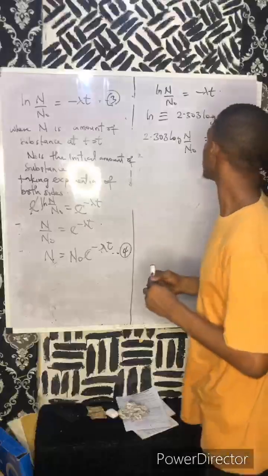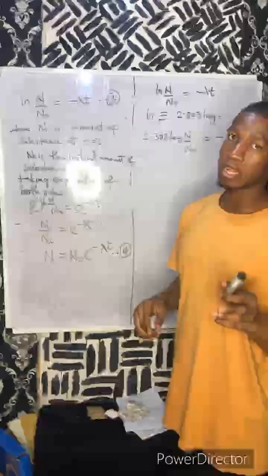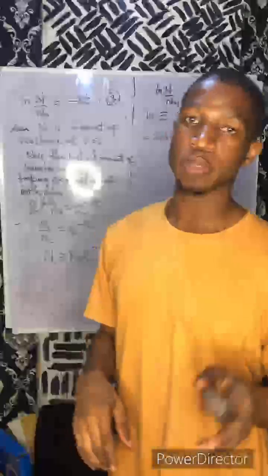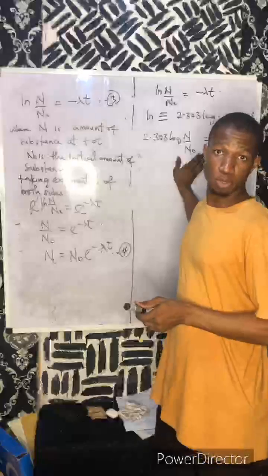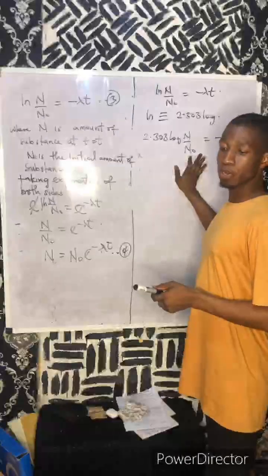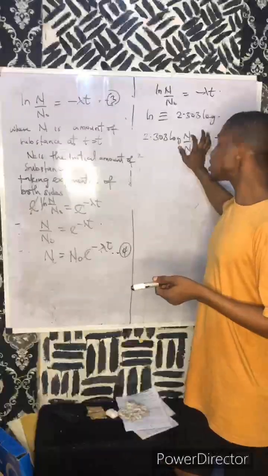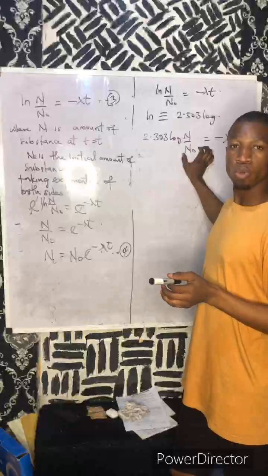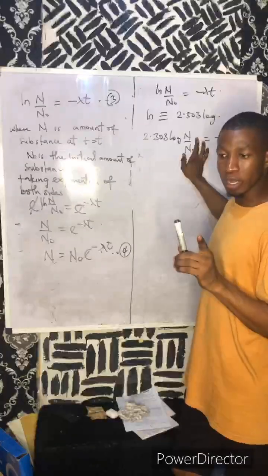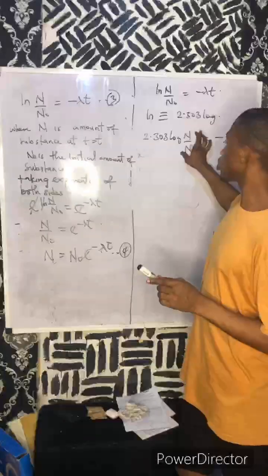Remember I said half-life is the length of time it takes for half of an unstable nuclide to become stable. Now we know that n naught is the initial amount of the unstable nuclide, right? So after a given period of time, n will be the current amount of the unstable nuclide. So now I'm asking, after one half-life period, if n naught was 2, what will n become? N will become 1. If n naught was 2 initially, after one half-life period, n will become 1.